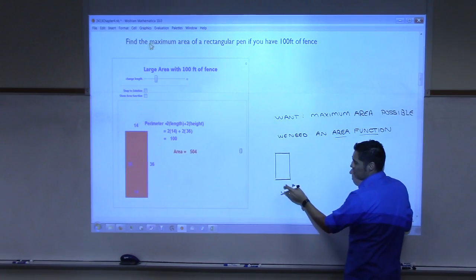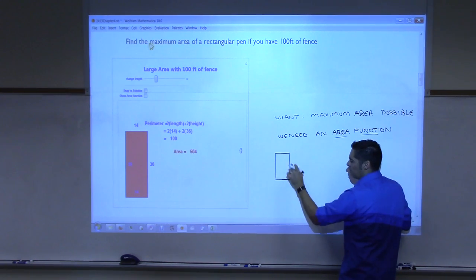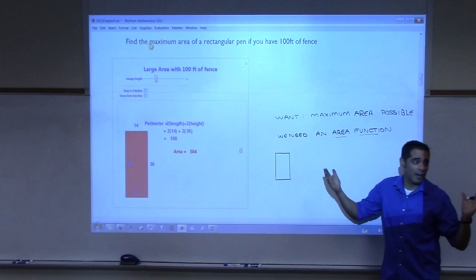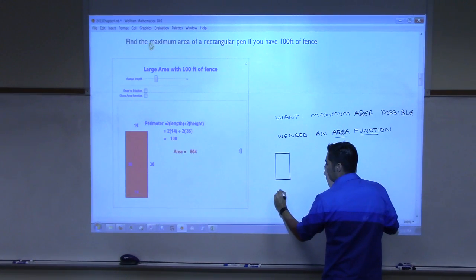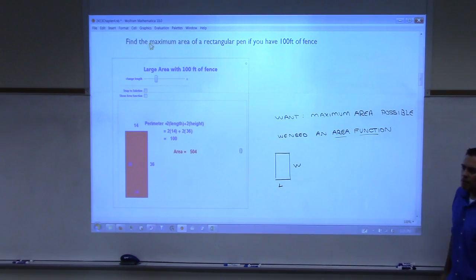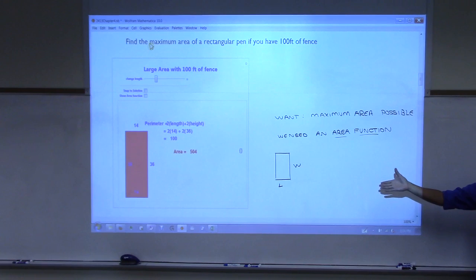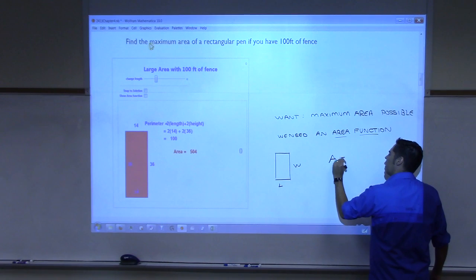I can use W, height, length, X, Y. Do y'all care? L, W, okay. I'll use a capital L, capital W. How about that? Length and width. So in a general rectangle, what is the area? Area is length times width.